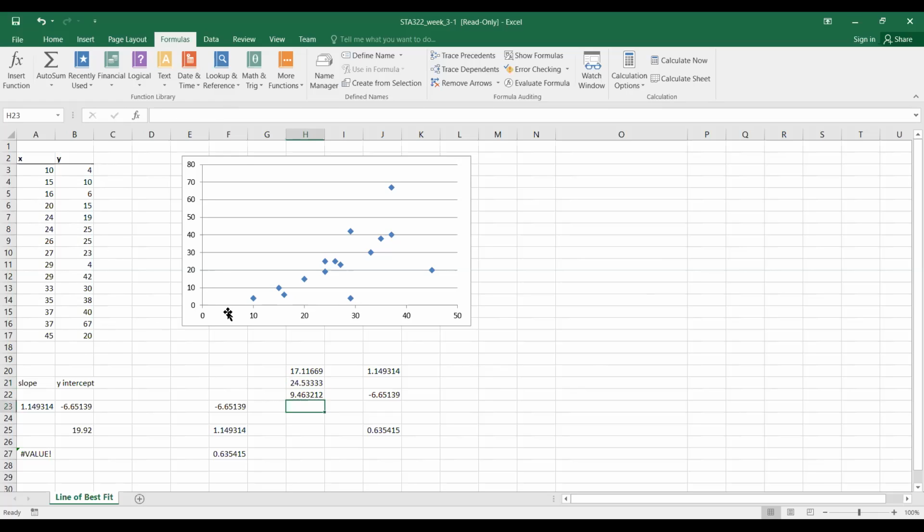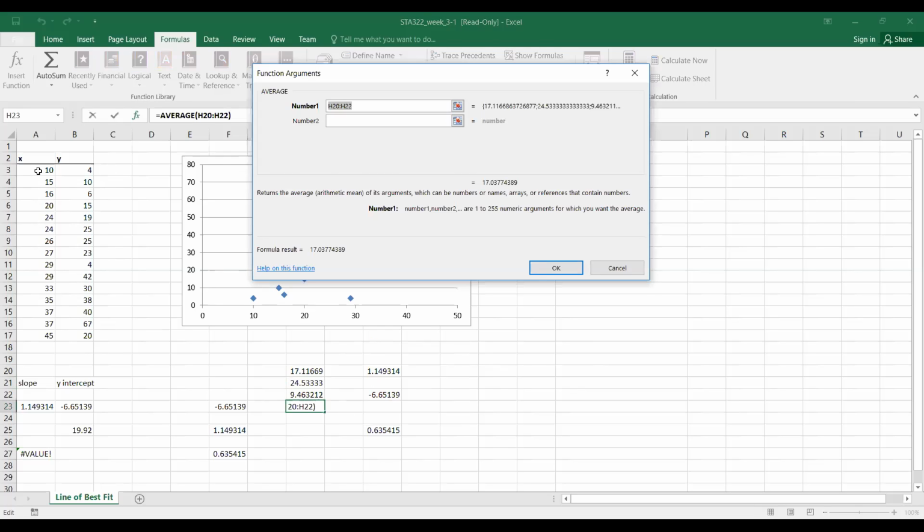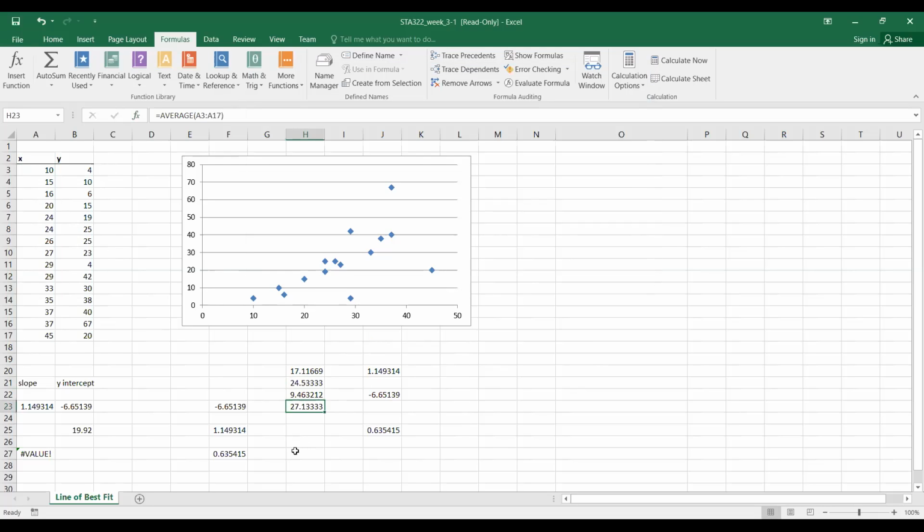So that's an average value. If we want to do the mean or the average of X, let's take a look at that as well. The average of X is 27. Note that the standard deviation is lower in X than it is in Y. So I'm going to calculate now the coefficient of variation, and I'm going to do that using standard formulas.